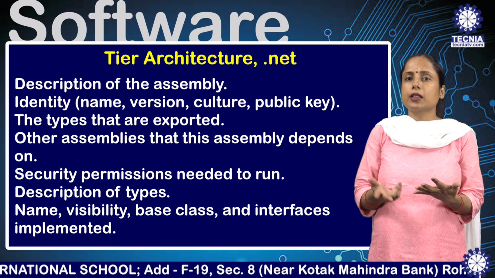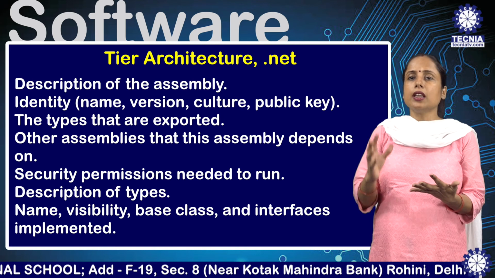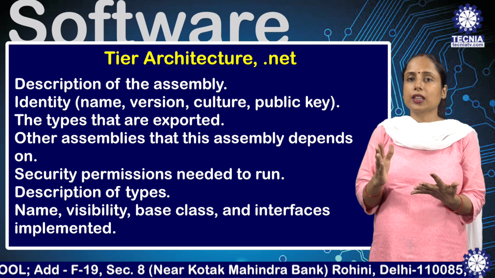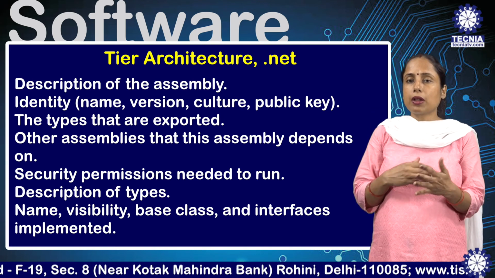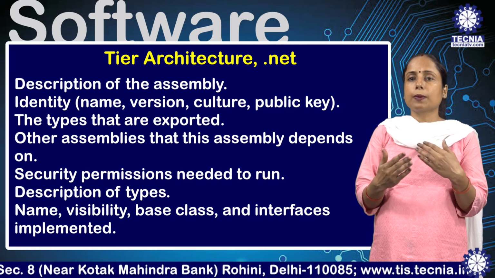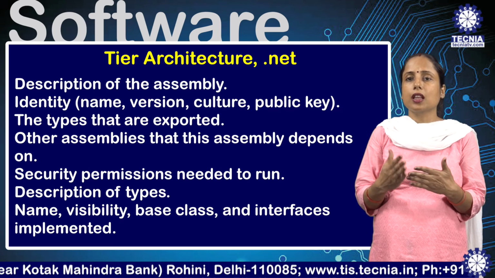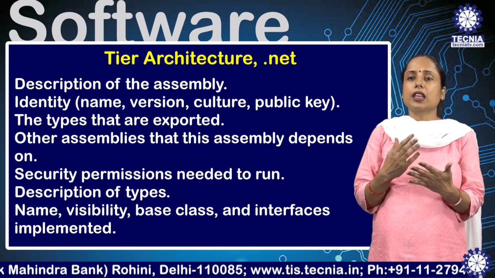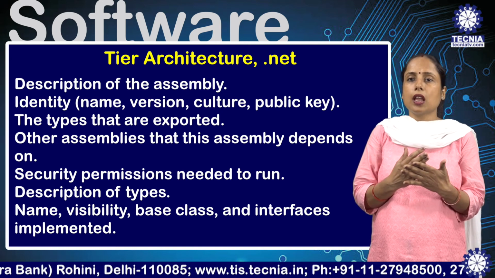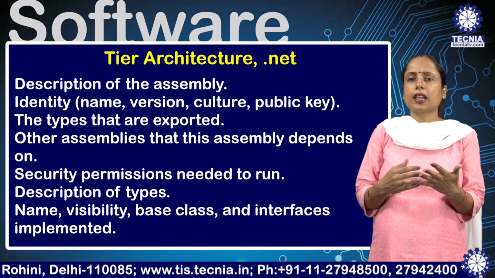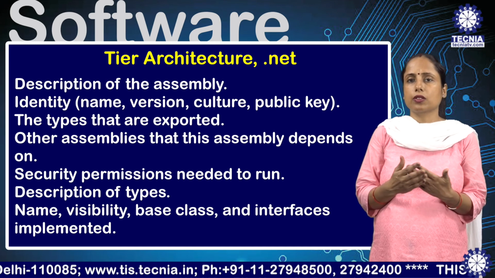Description of type means name, visibility, base classes, interfaces, and members used in that particular program. Members like methods, fields, properties, events, attributes, and other additional elements that are required by assembly language.